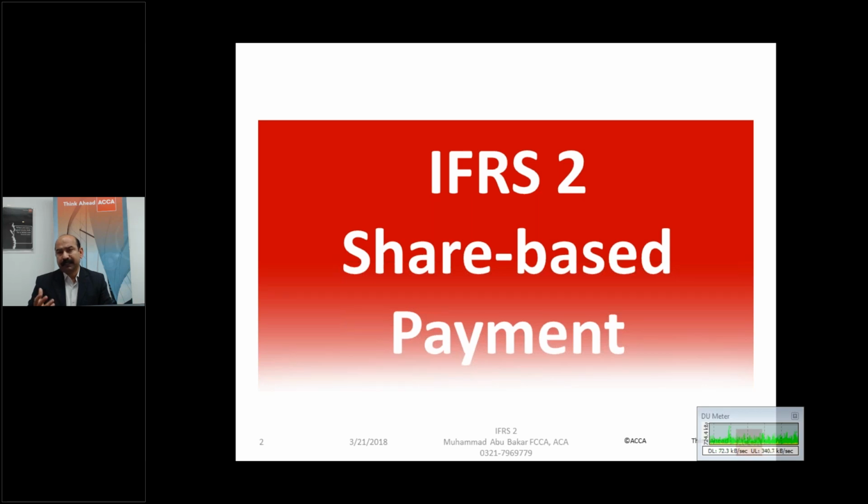And second concept will be, if there is any change, any modification, any cancellation in these payments subsequently, I mean after initial recognition, what will be the method for accounting for those changes? So these are the two main areas which I will try to explain with the help of a few illustrations.